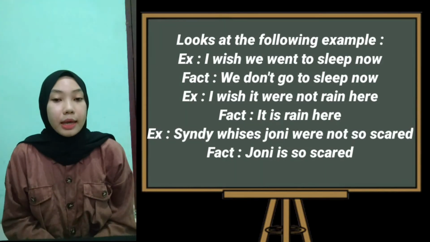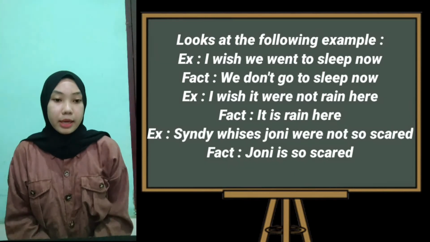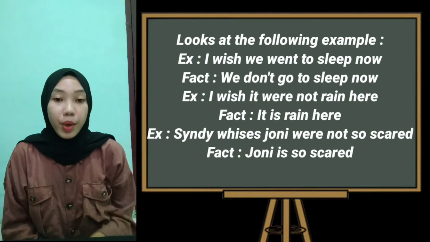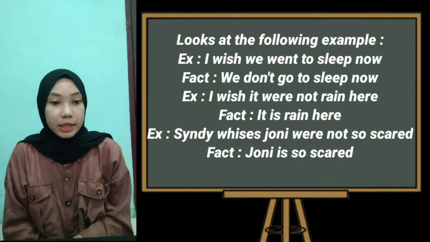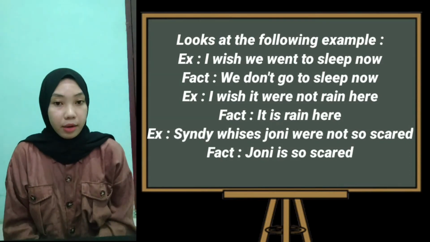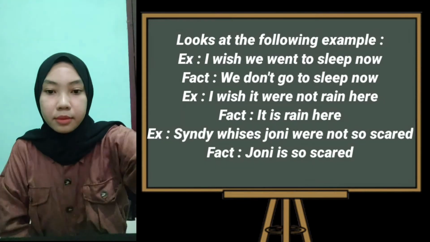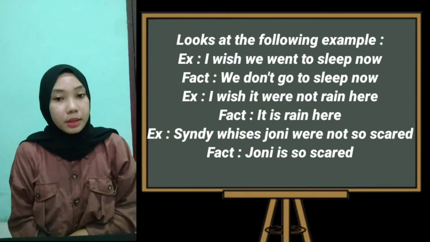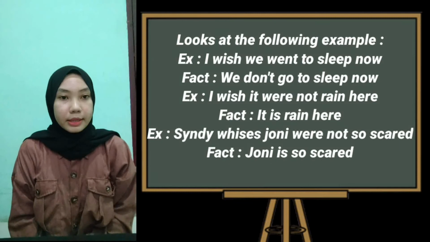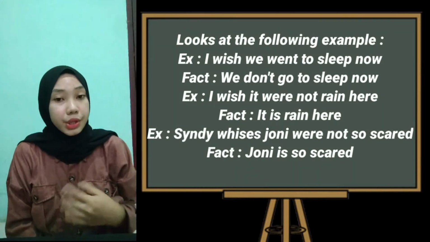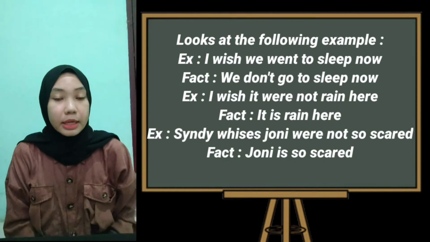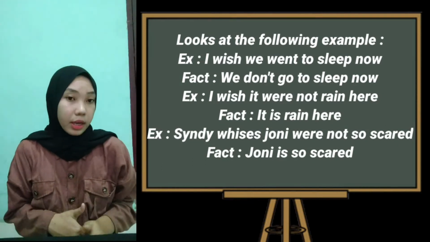The second example is: I wish it were not raining here, but the fact is it is raining here. The third example is: Cindy wishes Johnny were not so scared, but the fact is Johnny is so scared.